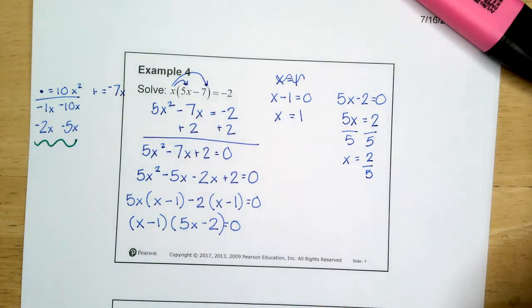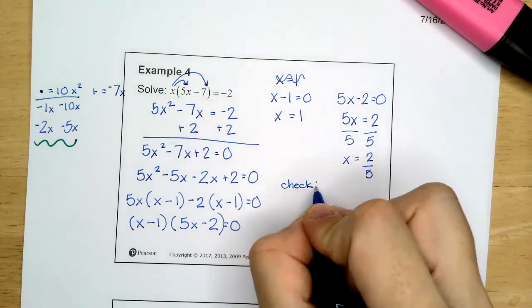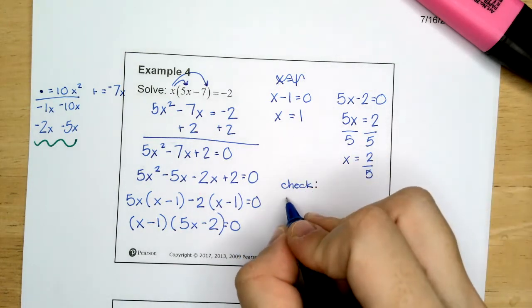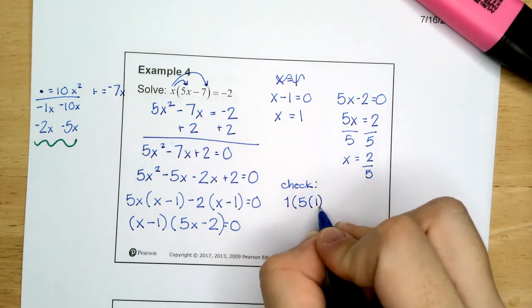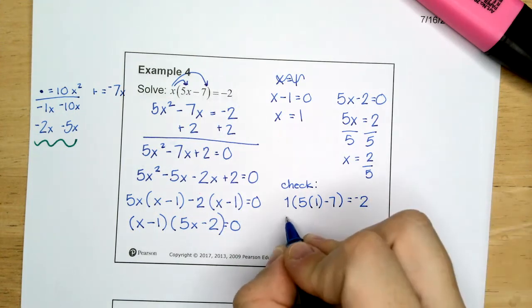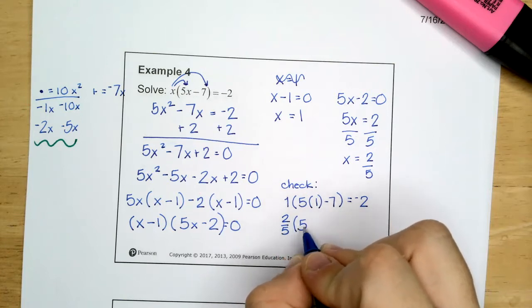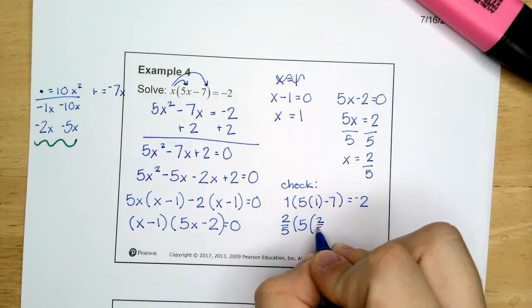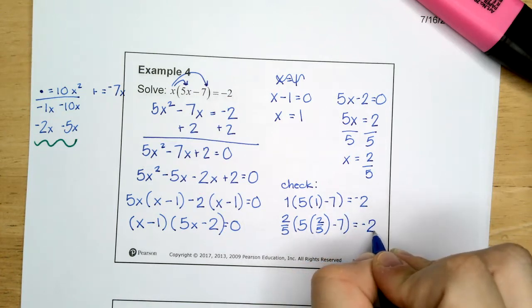Okay, and now we can check our answer by saying 1 times 5 times 1 minus 7 is -2, and 2/5 times 5 times 2/5 minus 7 is -2.